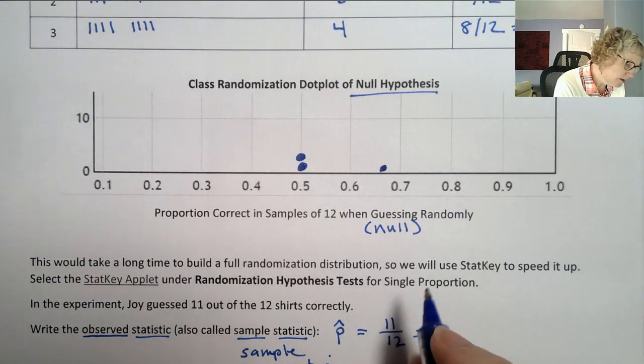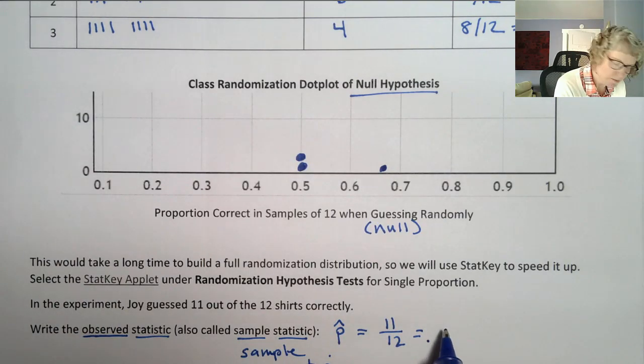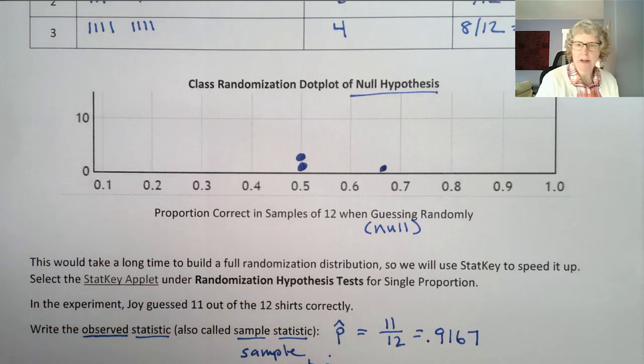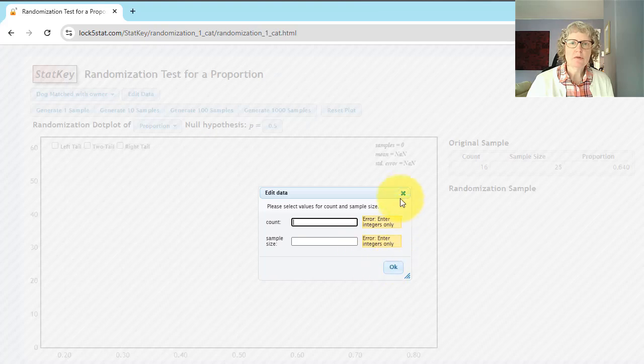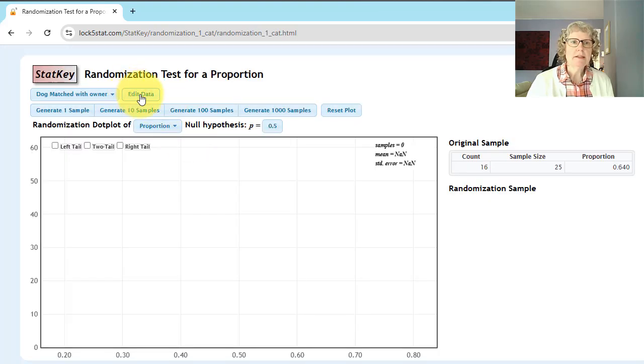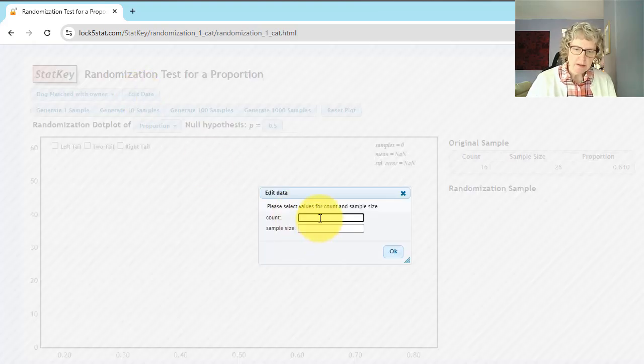So you can see I'm using 4 digits for everything. And also I could write approximately equal there as well. Okay, so now we can go back to our simulation. Let me go back and show you. I clicked on Edit Data, and now I can type in 11 out of 12.